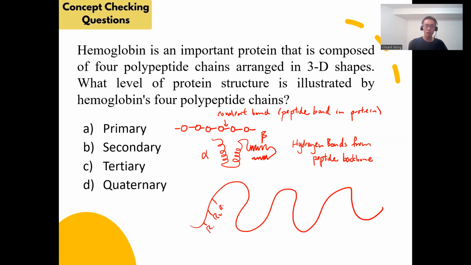R1, R2, R3, R4, so on and so forth, right? R46, right? R52, whatever, right? So the backbone is just I showed you last class, right? Like the NCC, NCC, so on and so forth, right? That is what will form the hydrogen bond and stabilizes the secondary structure.